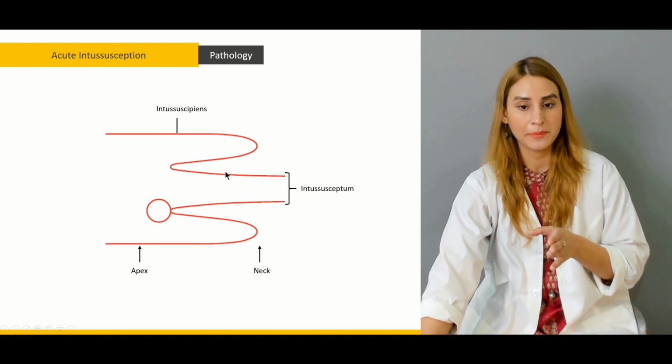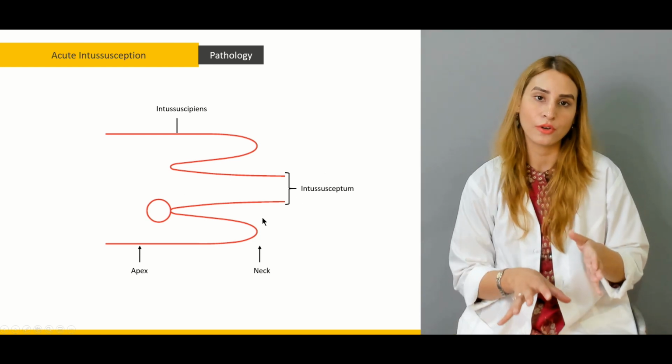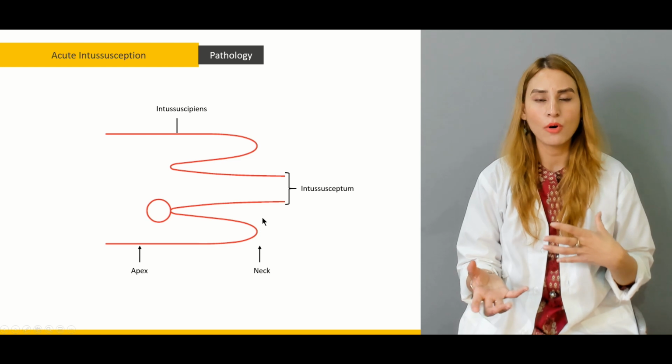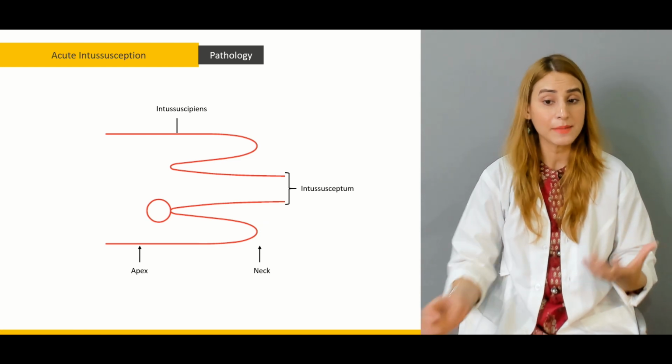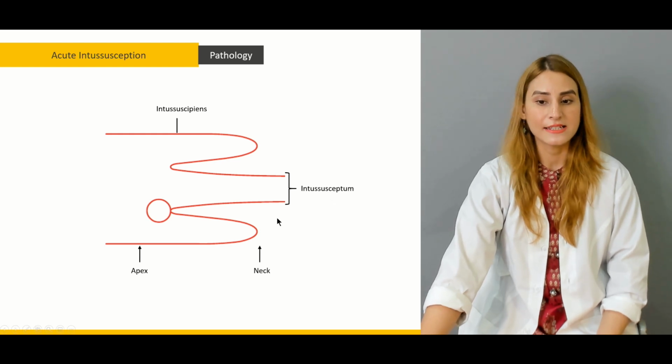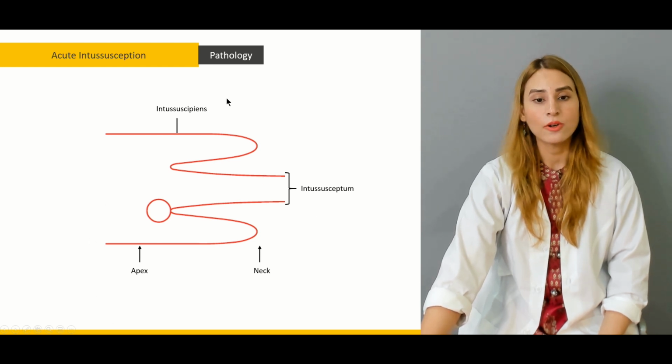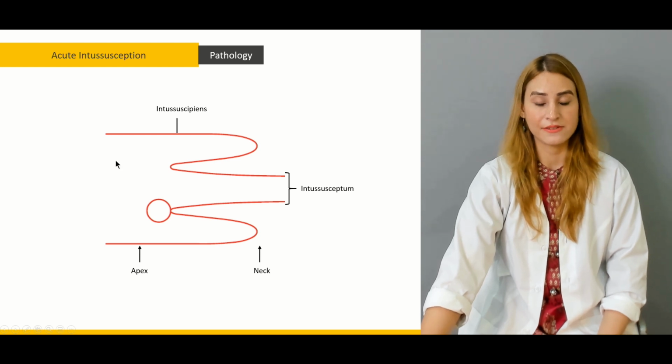The neck is the part joining the apex and the middle part, the main portion of the bowel wall which is going from the proximal segment into the distal segment, also called the intussusceptum. So the neck is a portion which is joining the apex and the intussusceptum, and there's also another inner part called the intussuscipiens.